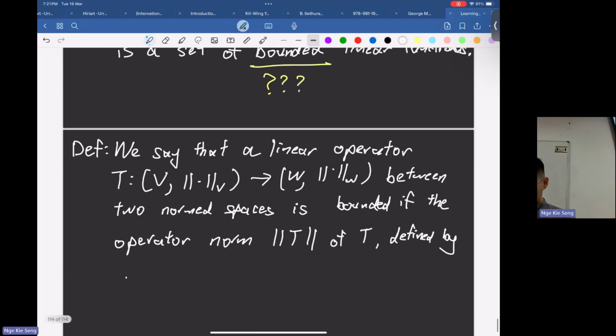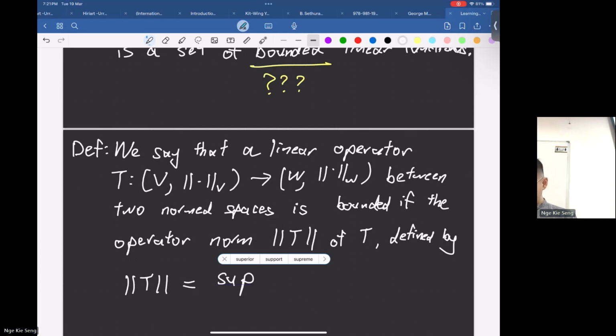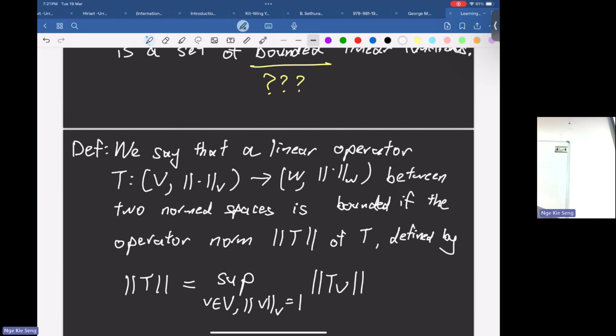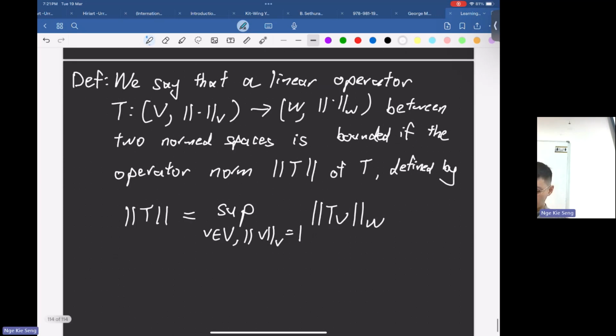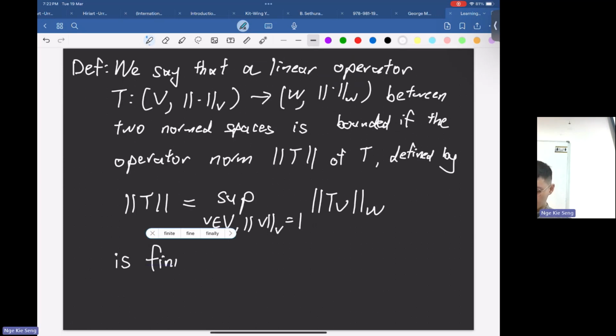So we will define the operator norm of T by the supremum of everything in your domain which has length 1, and then let your operator act on it and compute this length again. And this number is finite. In a moment, I will tell you what sup is. So what is sup here?